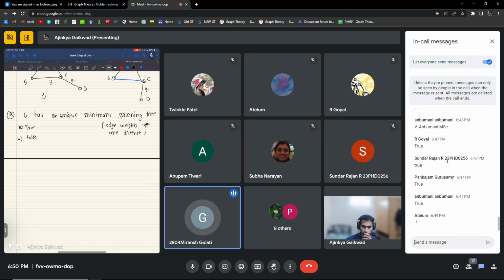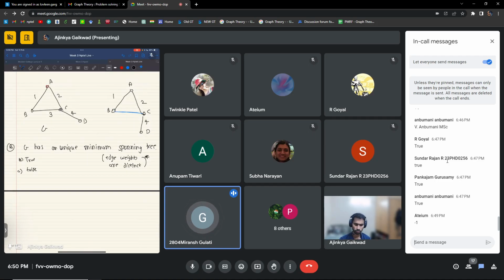I was thinking that in the upper one, since the edges are distinct, for the minimum and second minimum, they will follow a path, right? Like two edges, and after that, it may.